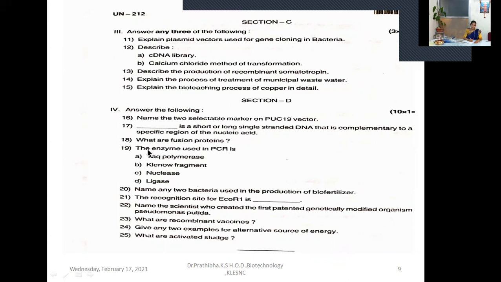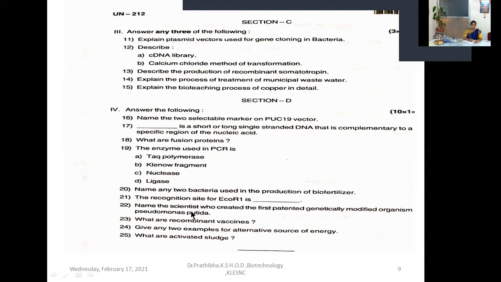MCQ question. The enzyme used in PCR is Taq polymerase, Klenow fragment, nuclease, ligase. Name any 2 bacteria used in the production of biofertilizer. The recognition site for EcoRI is dash.